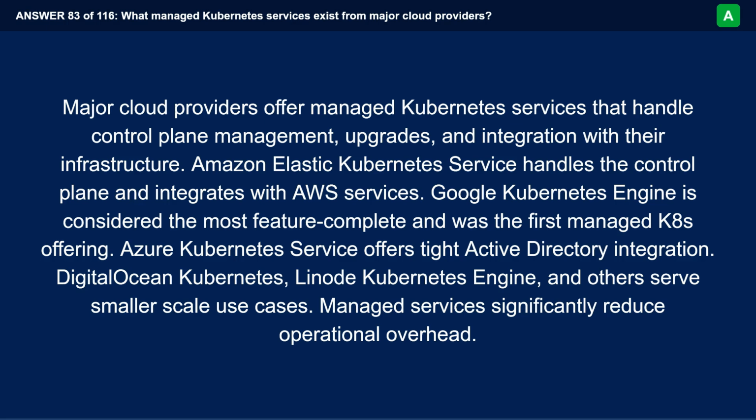Google Kubernetes Engine is considered the most feature-complete and was the first managed Kubernetes offering. Azure Kubernetes Service offers tight Active Directory integration. DigitalOcean Kubernetes, Linode Kubernetes Engine, and others serve smaller-scale use cases. Managed services significantly reduce operational overhead.